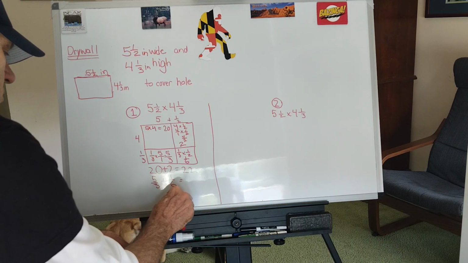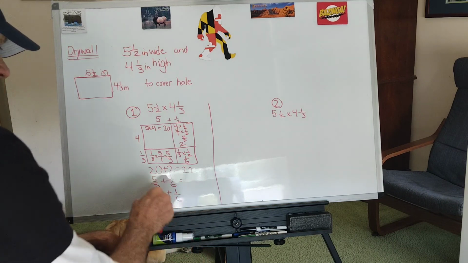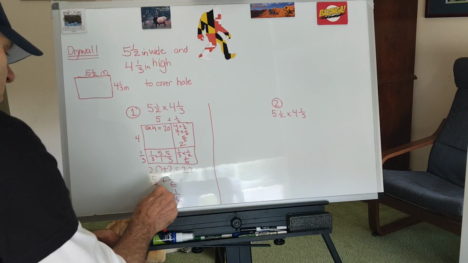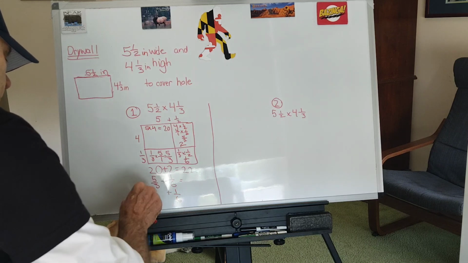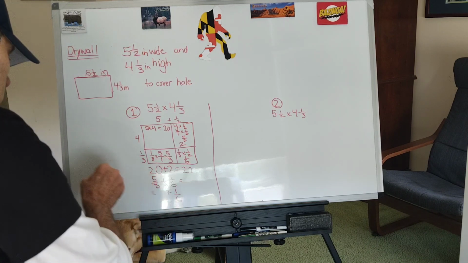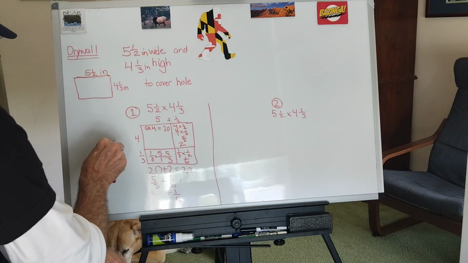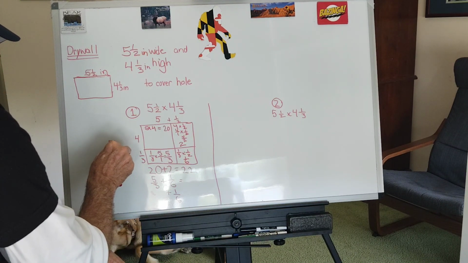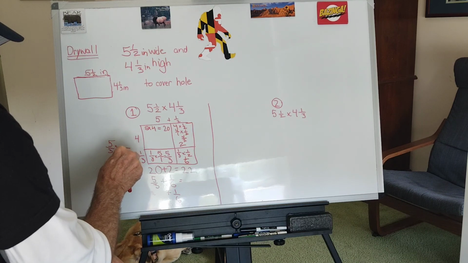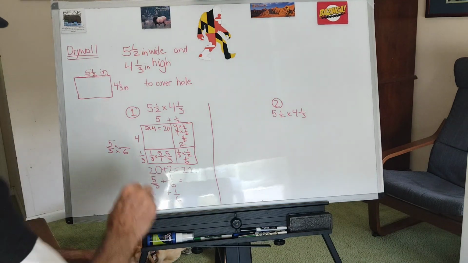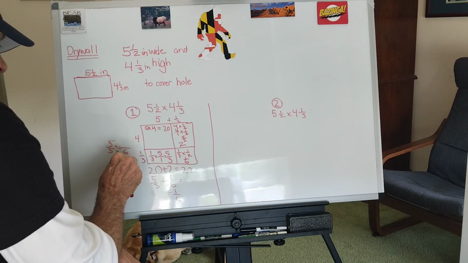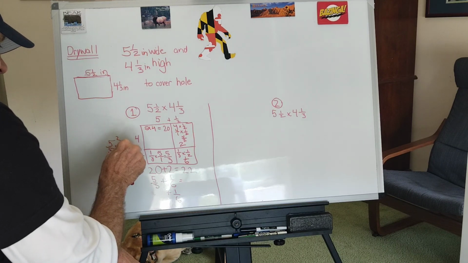So 5/3 would be the same as, if we remember, how do we change that? Let's do it here. 5/3, 5 times what is going to give me 6? 5 times 2. So 3 times 2 is 6, 5 times 2 is 10.